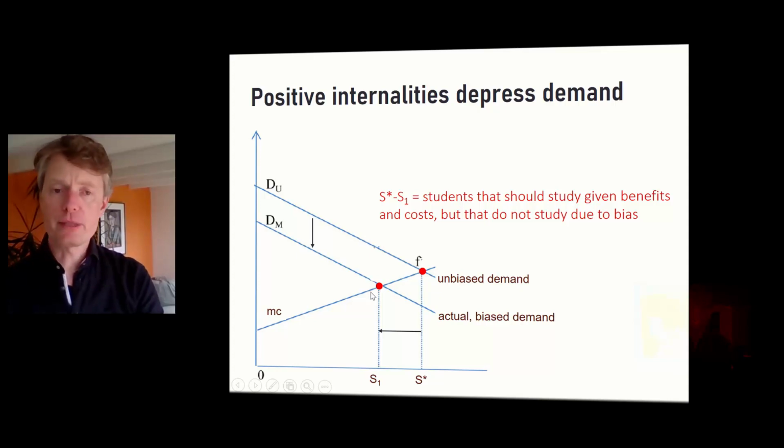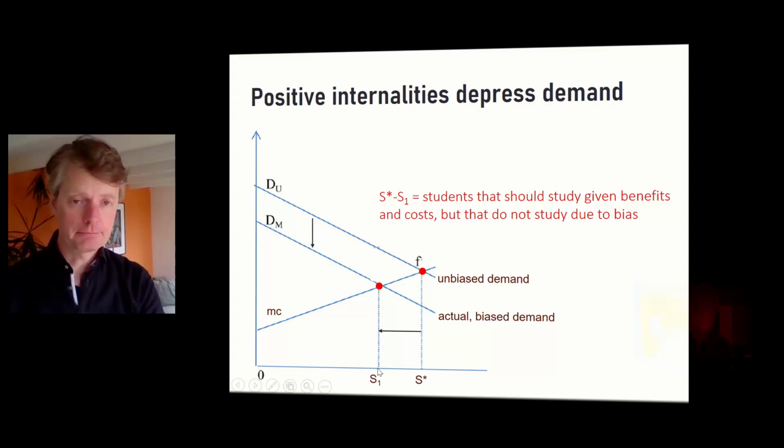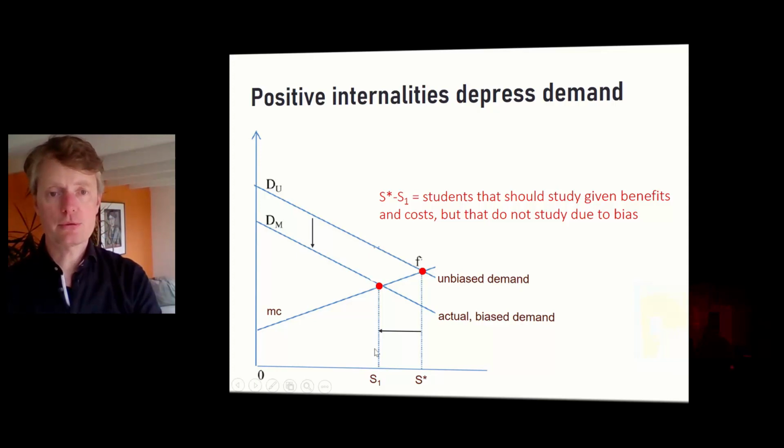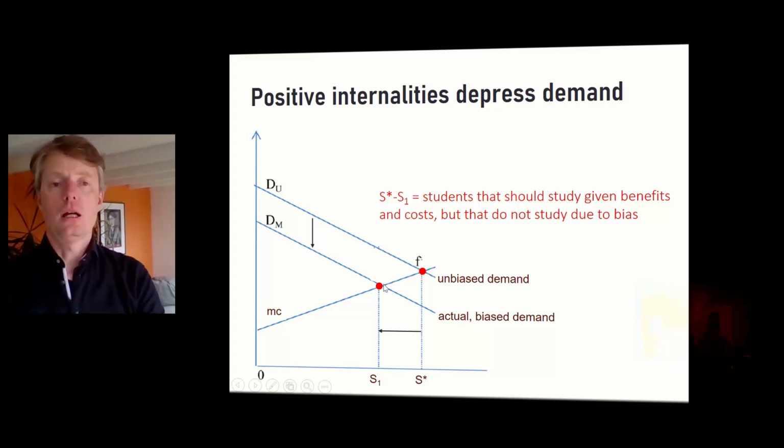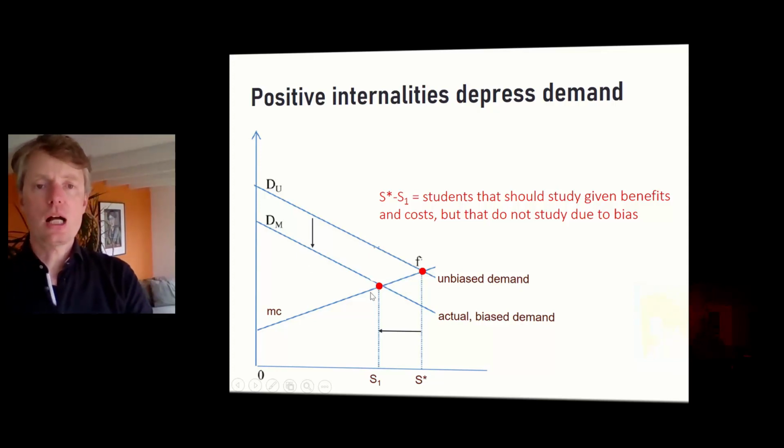Right, so this also means that you may note that S1 is not equal to 0. So for all of these students, and this may be like 70% of the students, it holds that even though they are subject to a bias, they do still follow up on their plans, because the marginal benefits of studying are still substantially higher than the marginal costs, right?